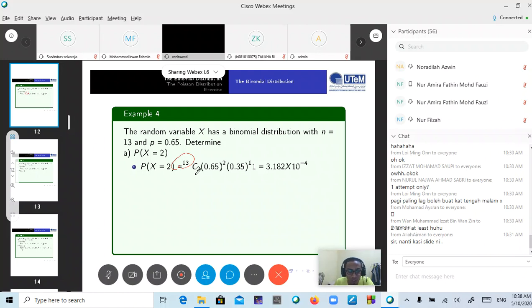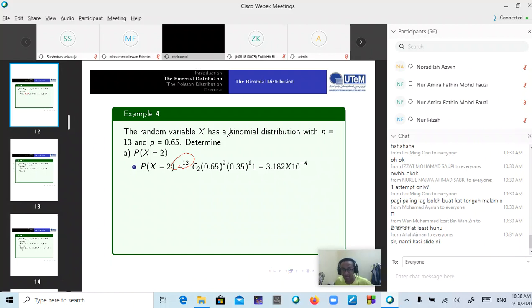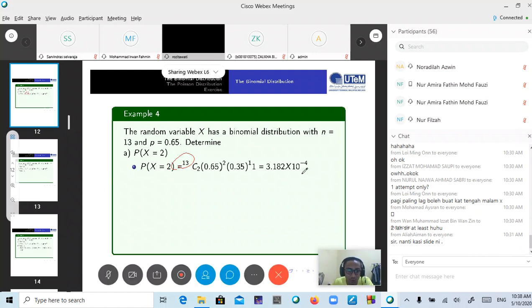Remember how to use your calculator: press 13 first, then shift and the division key for C, then press 2, and equals. Times 0.65 to the power of 2 times 0.35 to the power of 11, so you can get this answer.